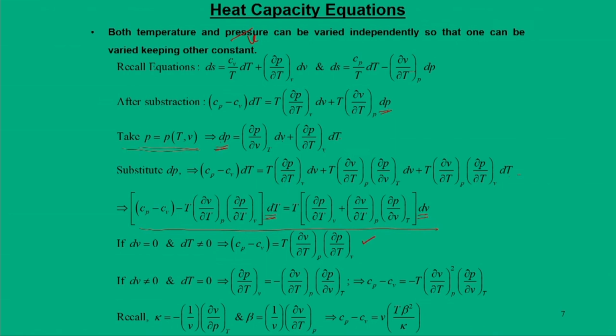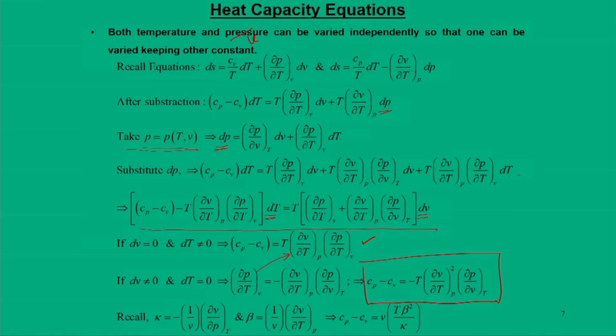This is the first expression. For the second expression, if dV is not equal to 0 and dT is equal to 0, then we can find this dP by dT at constant V will be equal to minus (∂V/∂T) at P into (∂P/∂V) at T. Then, by substituting this in these equations, we get the expression Cp minus Cv is equal to minus T (∂V/∂T) at P squared into (∂P/∂V) at constant temperature. Now, if I recall kappa as minus 1 by V ∂V/∂P at constant T and beta as 1 by V ∂V/∂T at constant P, we find that Cp minus Cv is equal to V T beta squared by kappa.